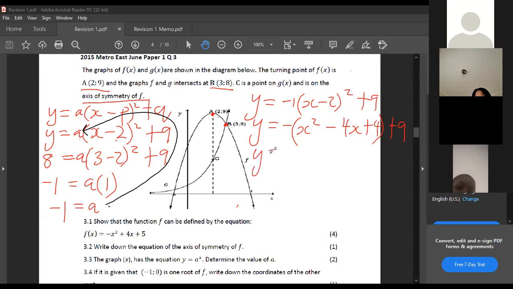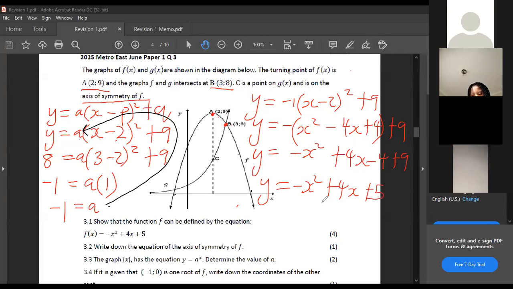Then multiplying by the minus inside, it becomes minus x squared plus 4x minus 4 plus 9. So y is equal to minus x squared plus 4x plus 5, which is the same as there. Which is the same as that, okay?